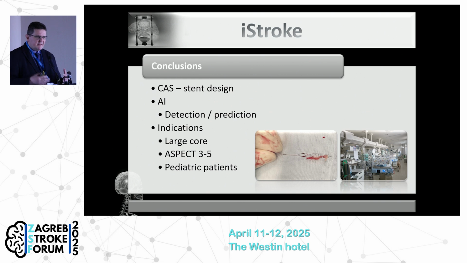We see that it was a very critical step, and I can recommend you apply it also in your country to decrease the time necessary to transfer the patient from home to the endovascular center. And regarding the indications, currently we do accept, of course, ASPECT 3 to 5, and we do not refuse pediatric patients.